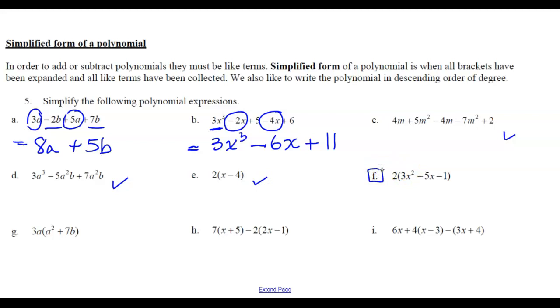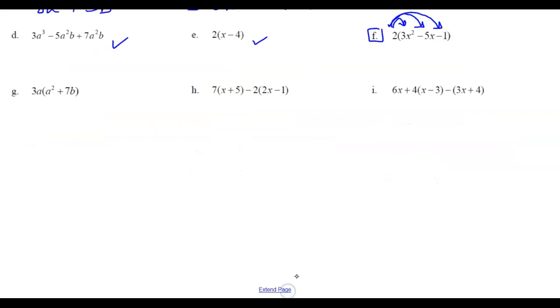And this one, if you look inside the brackets, there's nothing you can simplify. Simplifying in this case means getting rid of the brackets. It's called the distributive property. You have to multiply every term by that number in front. So I kind of used arrows there.